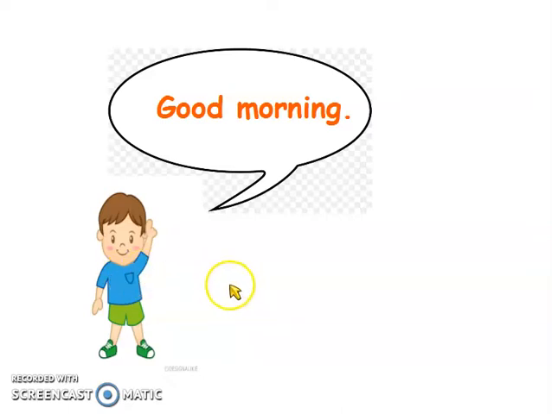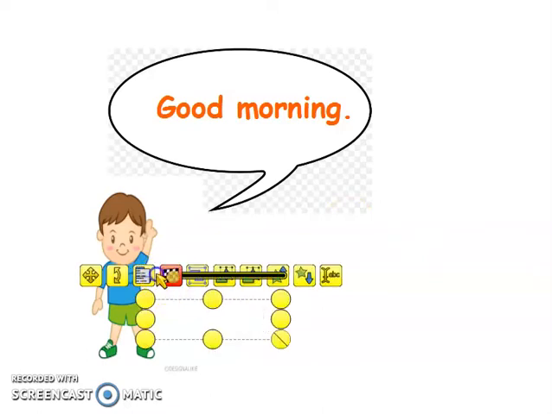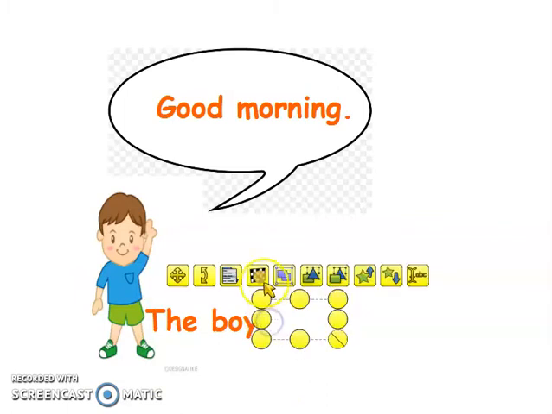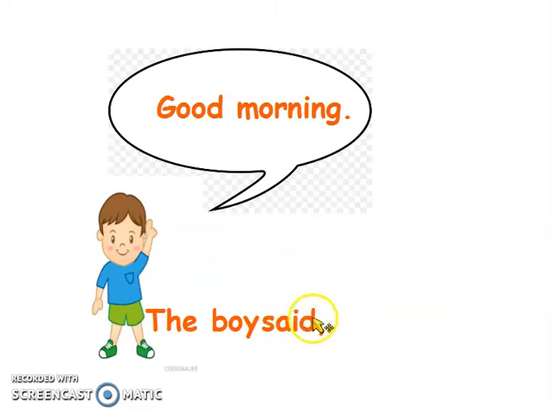First, I will write the name of the speaker, the boy, the girl, Molly. Then, I will write the verb said, قال. After said, here we have a comma.